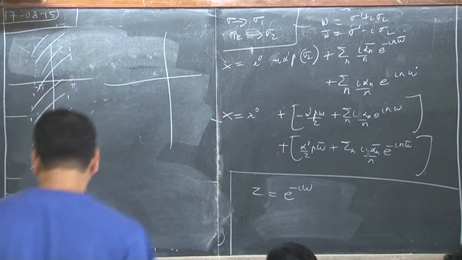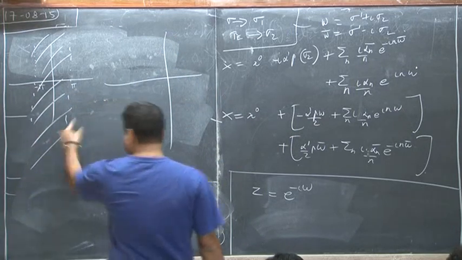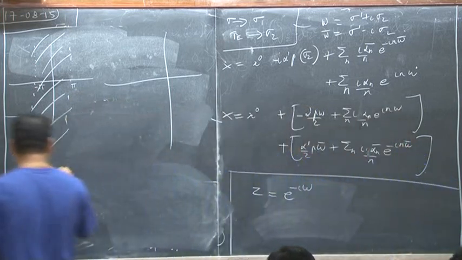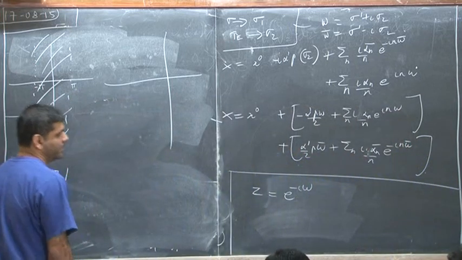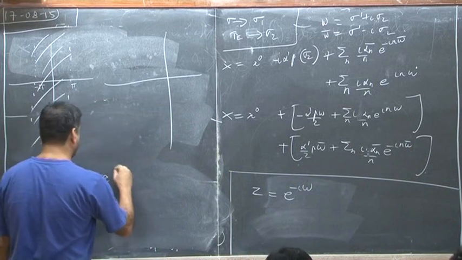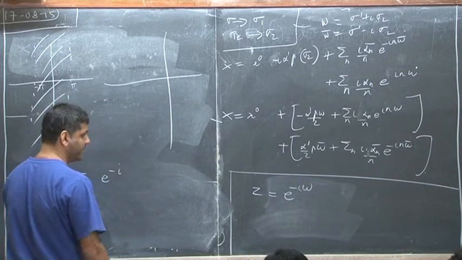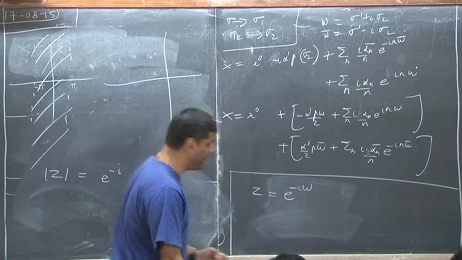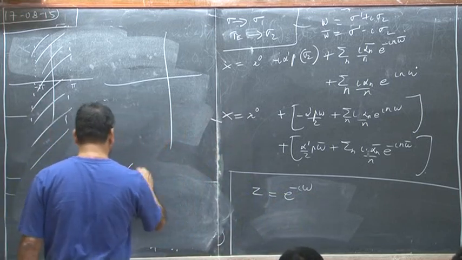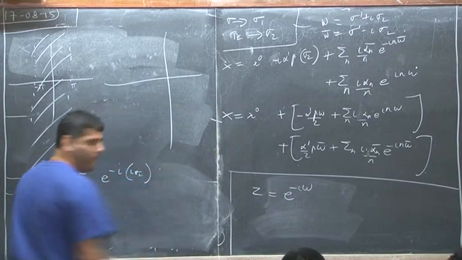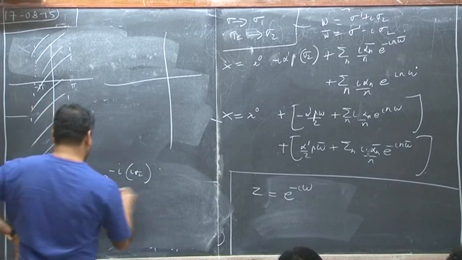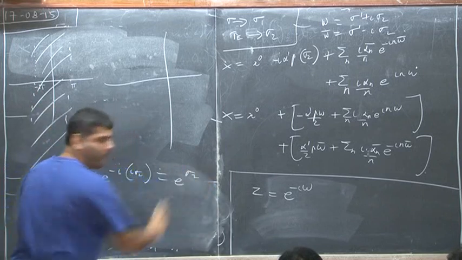So what is this map? The first thing we'll do is look at the modulus. The modulus of Z is equal to e to the power minus I W. Anything that's a phase goes away in the modulus, so the real part of W goes away, leaving I sigma 2. So that's equal to e to the power sigma 2.